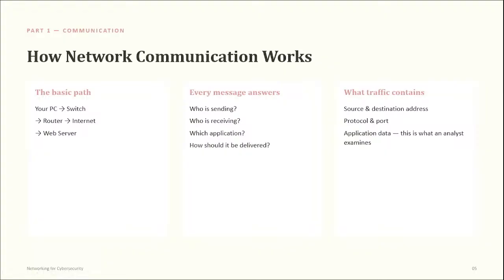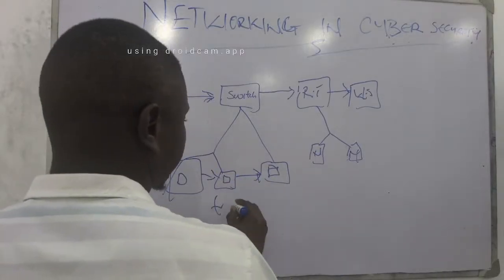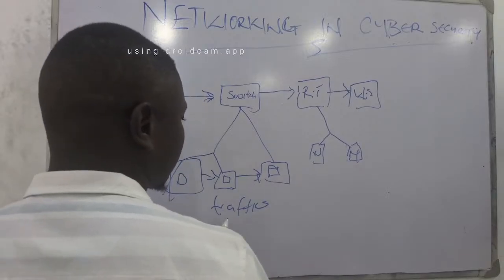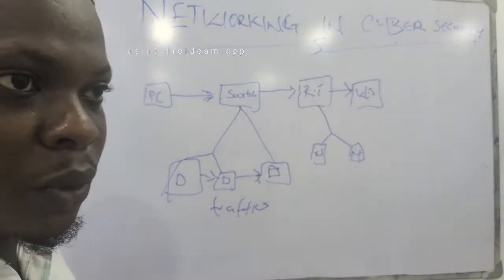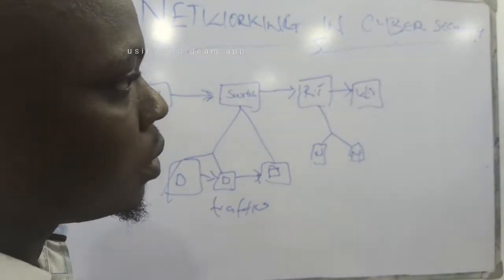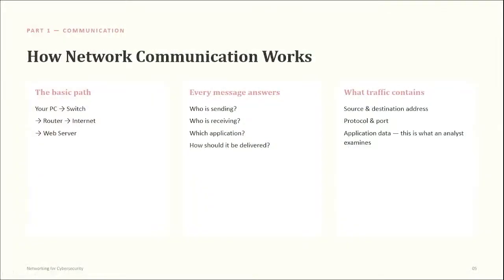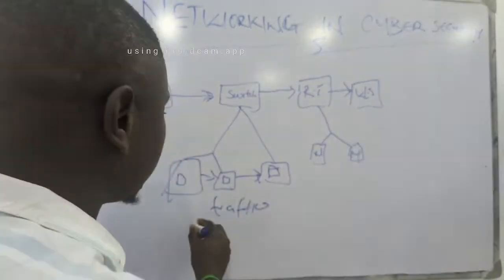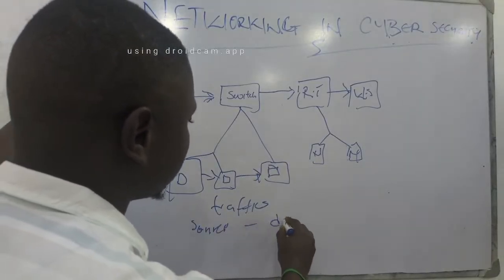At the end of the day, this traffic that moves between systems and devices is what a security analyst analyzes to see if there is abnormal behavior. Is it clear? Okay. The job of those analysts is to understand where this information is coming from, doing an analysis on the source and also on the destination.